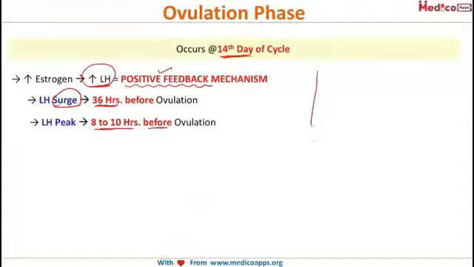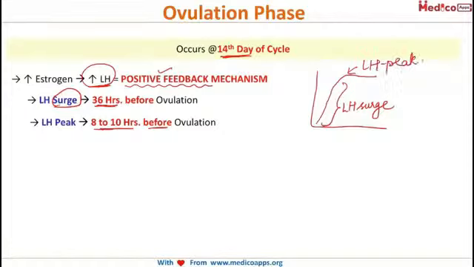See, if this is the graph representing LH level, just when there is an increase in estrogen by positive feedback, my LH level is increasing, it is peaking over here. This phenomenon we are terming as LH surge, right? And the top of this graph we are calling the LH peak. Is the difference clear? So LH surge occurs 36 hours prior to ovulation, whereas LH peak occurs 8 to 10 hours prior to ovulation, right? This concept is clear now.